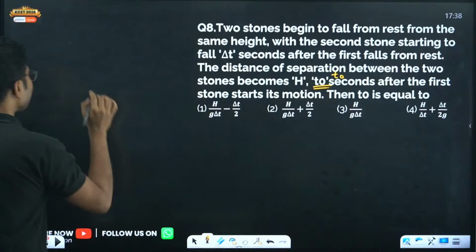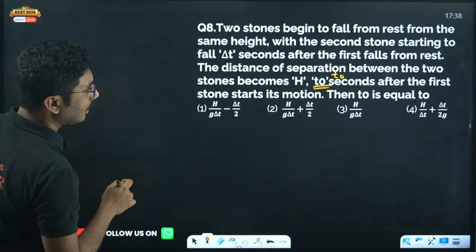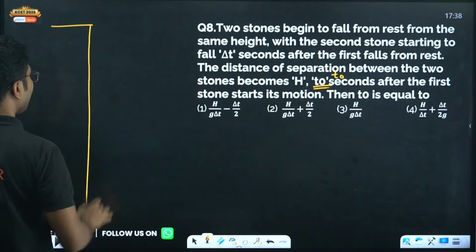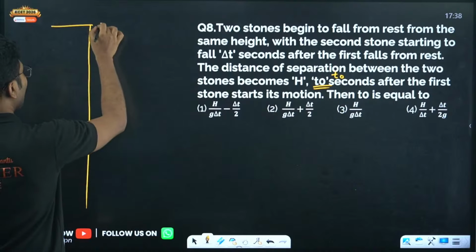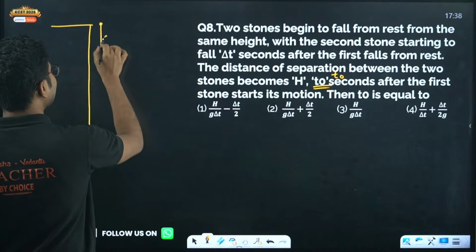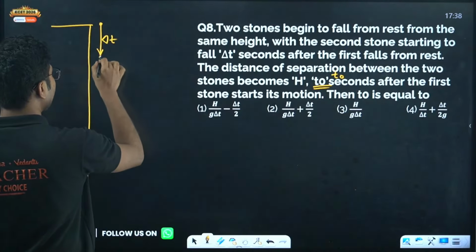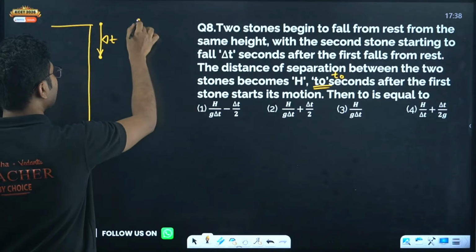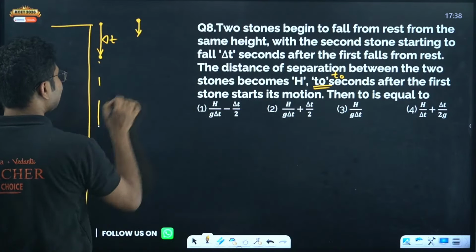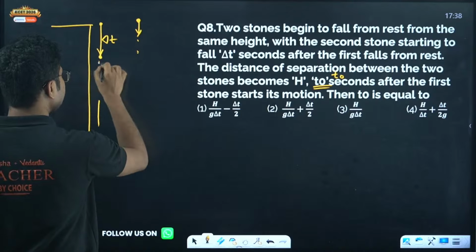So what is the question? Suppose we have a very tall building, and one stone starts to fall. After delta t seconds of the first stone falling, we drop another stone, and after some time both stones have fallen some distance.